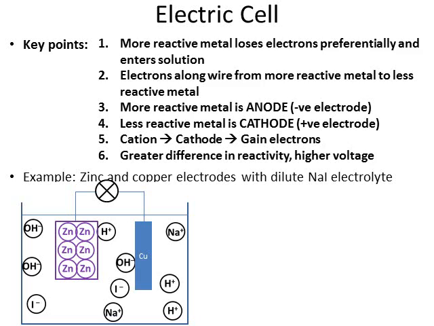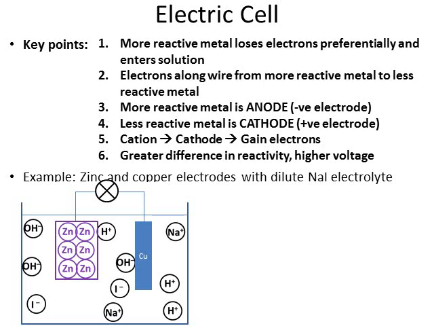Now, in contrast to the electrolysis process, where the anode is the positive electrode, here the anode is the negative electrode. If you want to know why, I'll explain in class, but for now you can just memorize it.